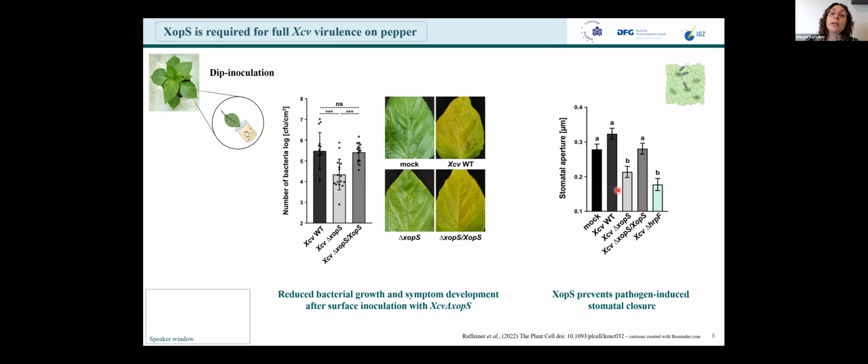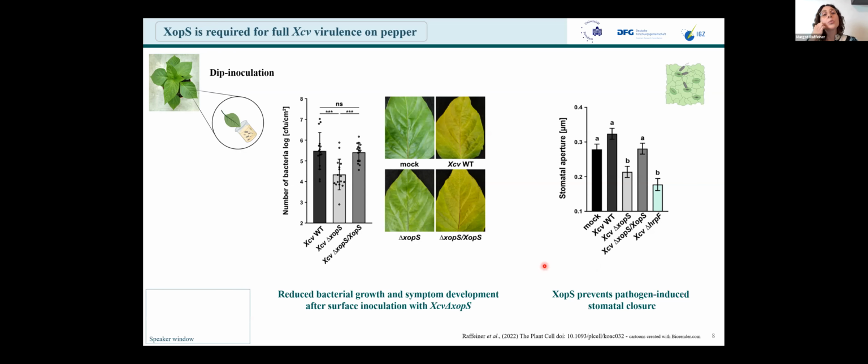But whenever leaf discs were incubated on strains that are able to translocate the XOP-S effector protein, these plants were no longer able to close their stomata. And that's why we identified that XOP-S is able to facilitate bacterial entry into the leaf tissue.